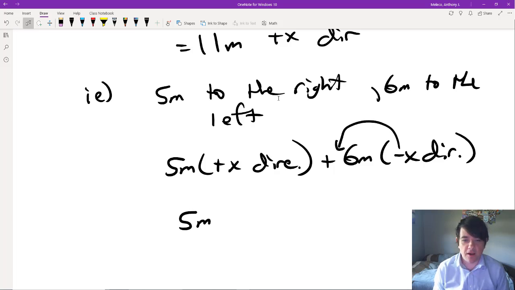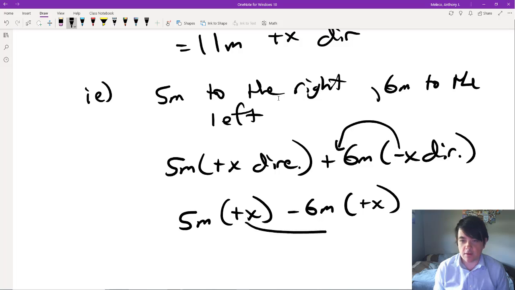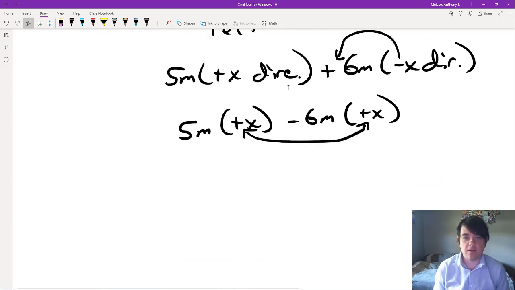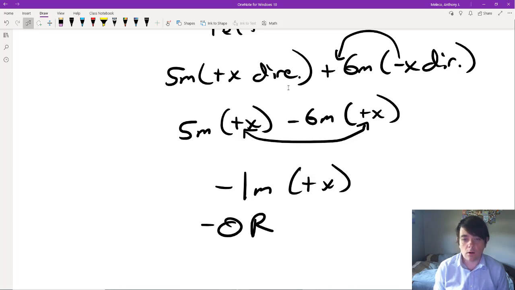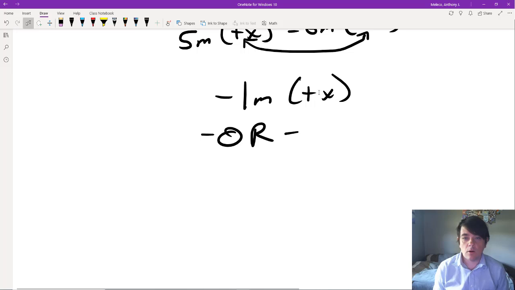And so it would be 5 meters plus x minus 6 meters. And because we've now moved this out, this becomes positive x again. That way, these are now the same thing. So we can now add the two together, and we get minus 1 meter in the positive x direction, or 1 meter negative x direction.